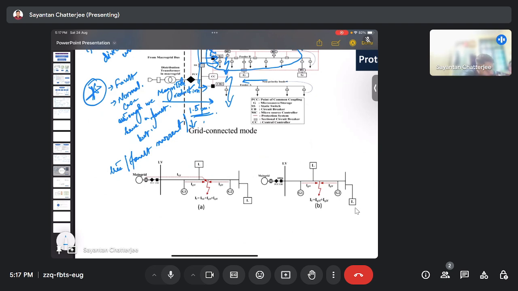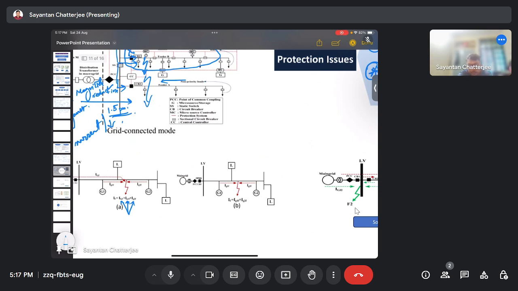So previously only the main grid was feeding, that is the grid, but now due to the DGs in place, G1 would also participate and G2 would also participate. So there is an increase in the total magnitude of fault current. Okay, that we have already discussed.